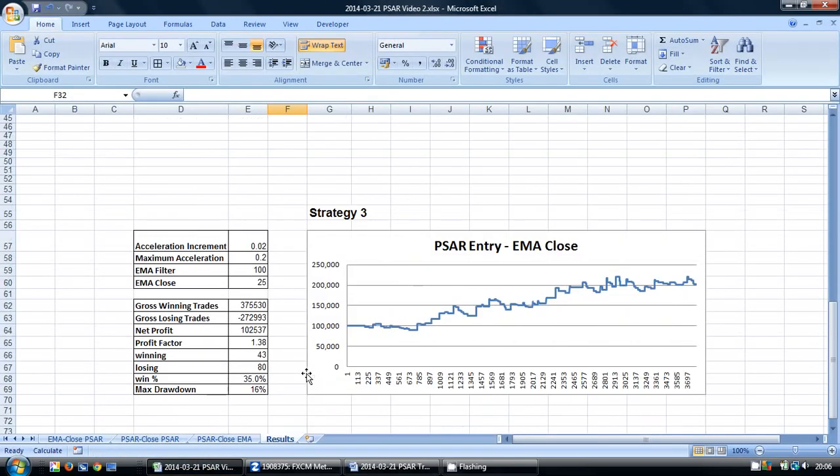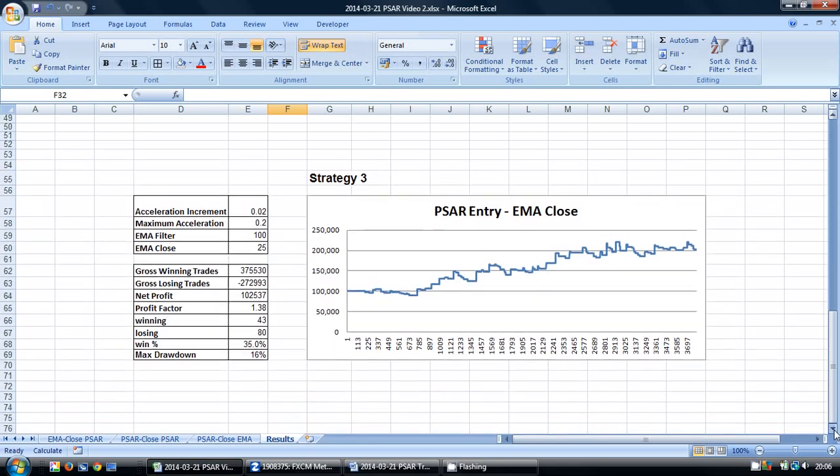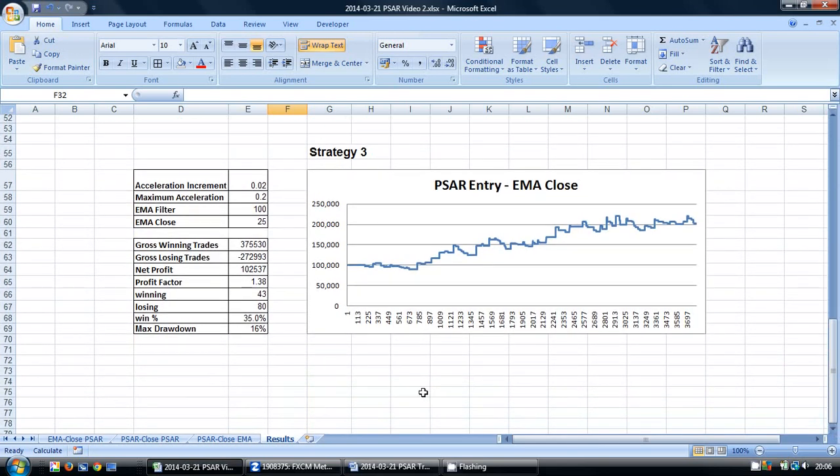And if I scroll down now to strategy number 3, we can see that the results on this are pretty decent as well. It seems to work similarly to strategy number 2. We've got exactly the same criteria here.